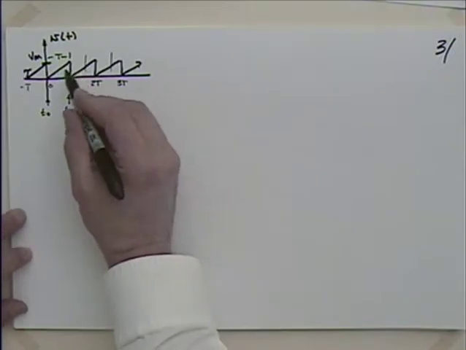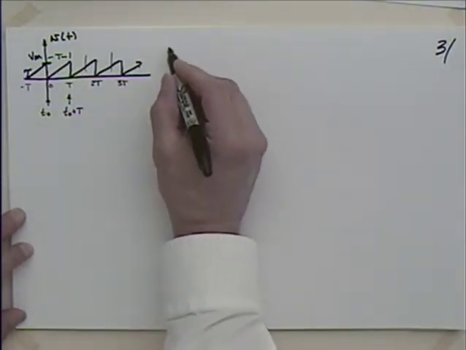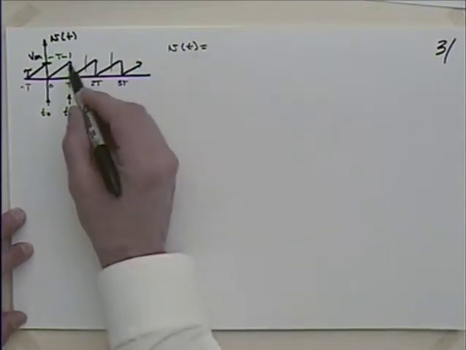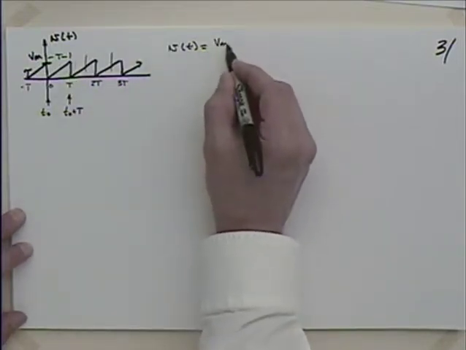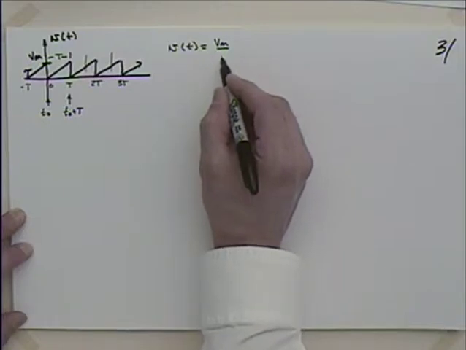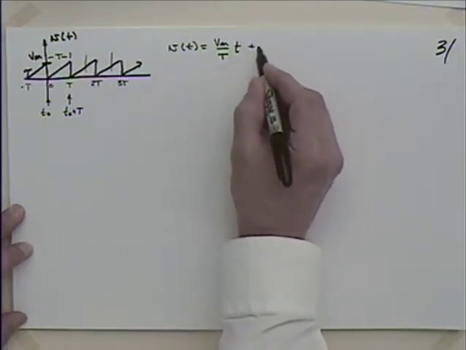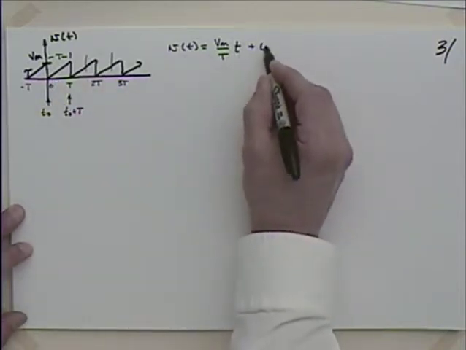So the first thing I'll do is come up with an equation for that. I could say that v of t is equal to the rise, Vm, over the run, which is 1 period, T, multiplied by t, and I will add the y-intercept, which is 0.